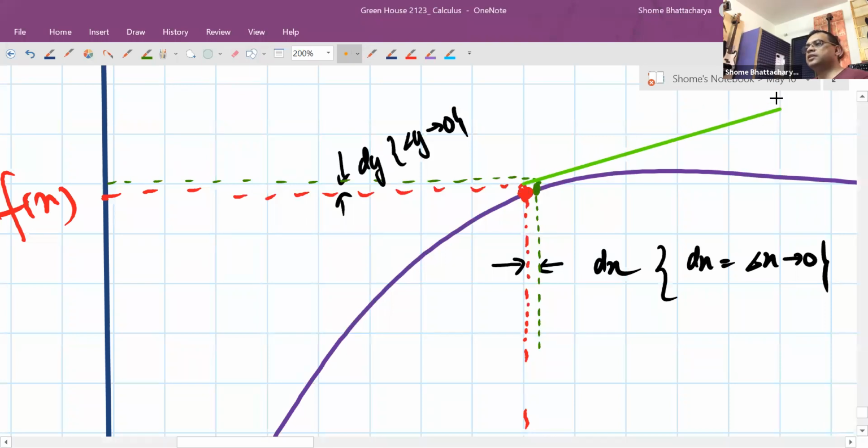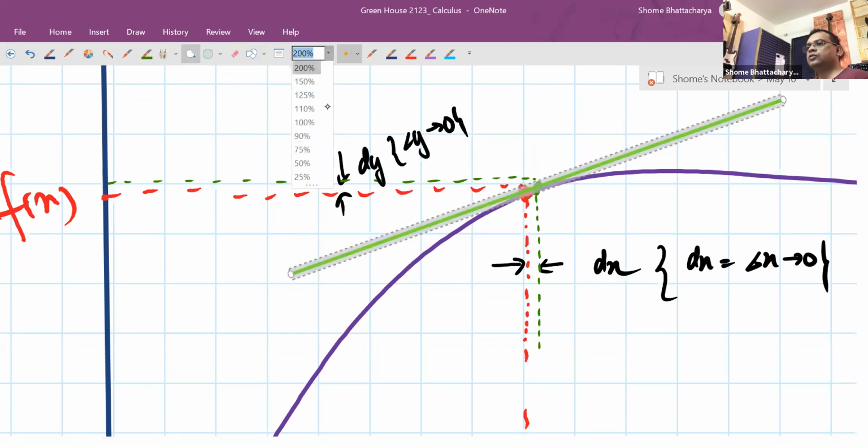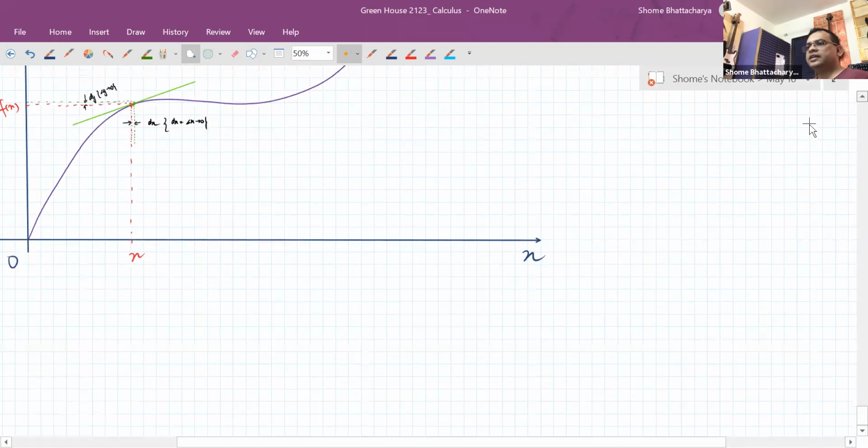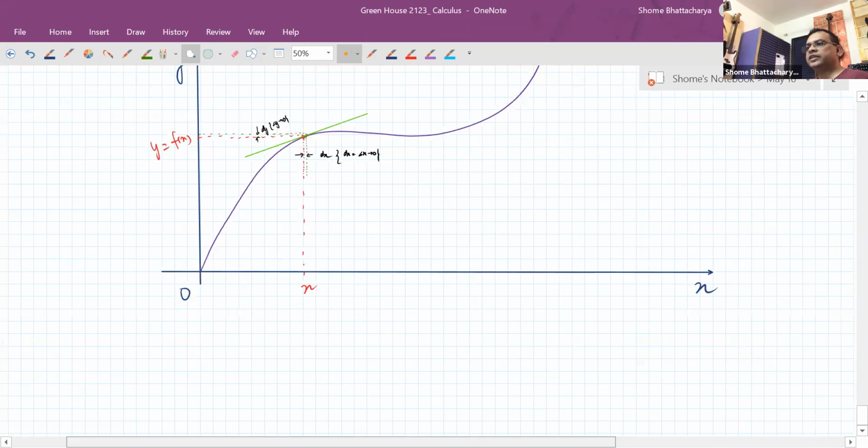If you just imagine that we have joined these 2 points, and when I zoom out, you can see that these 2 points have merged. If I take delta x tending to 0, they've merged perfectly.